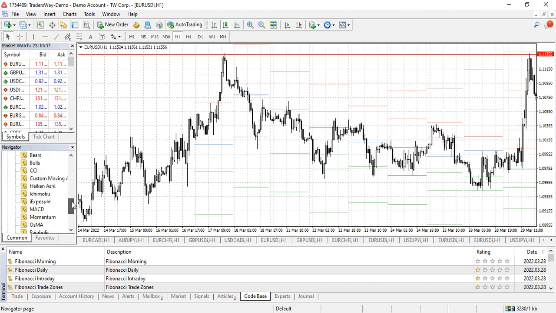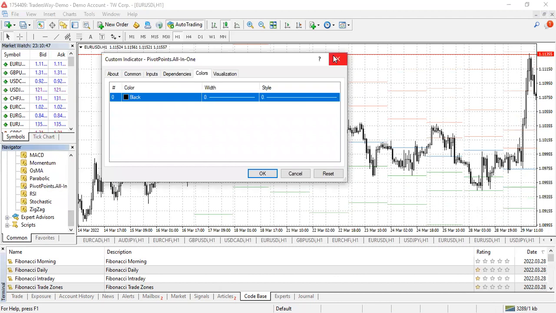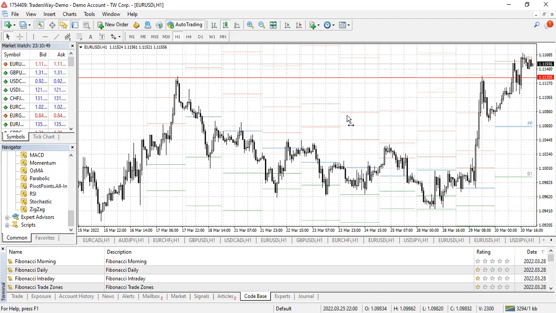And this is it as well. You can locate your pivot point here under the navigator. So these are pivot points. The S here means support, the PP means pivot point, and the R means resistance.